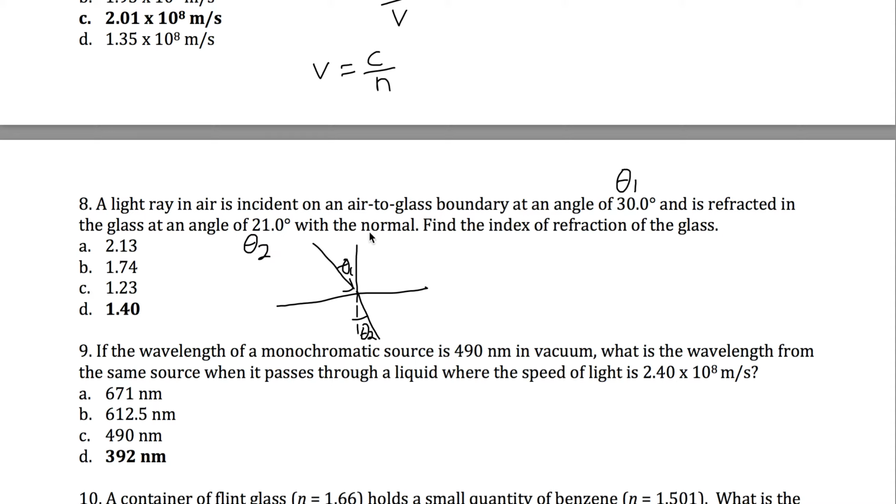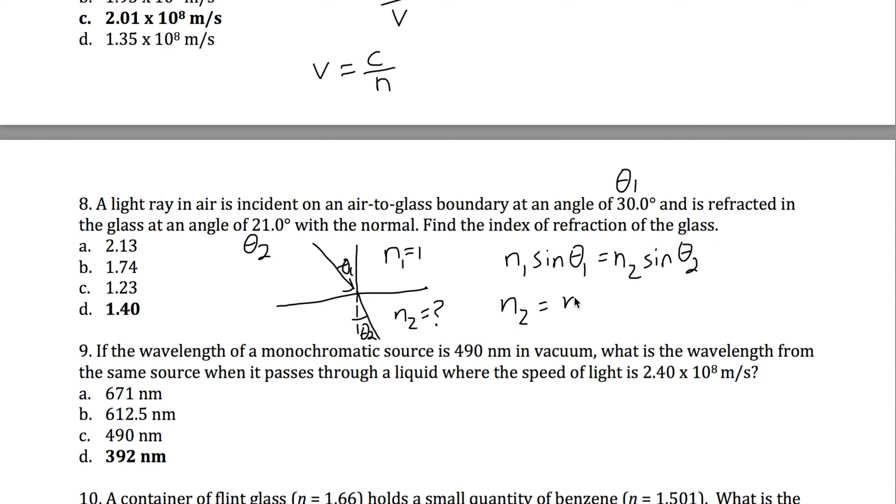When we define our angles, we also want to define the index of refraction. n1 is equal to 1 because we're in air, and we're looking for n2 of the glass. So we use Snell's law, n1 sine theta 1 equals n2 sine theta 2, and we solve for n2.